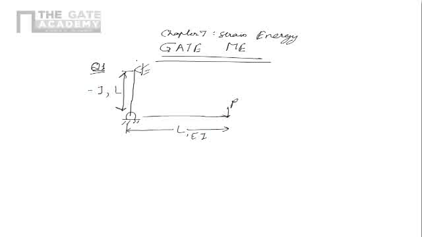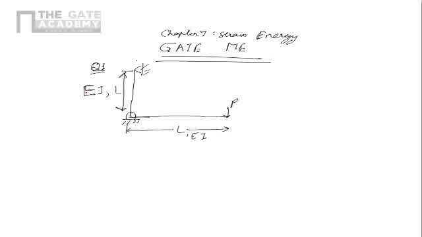There is a force P acting like that here at the end of the horizontal arm. We are supposed to find out the deflection of the point where the force is applied.